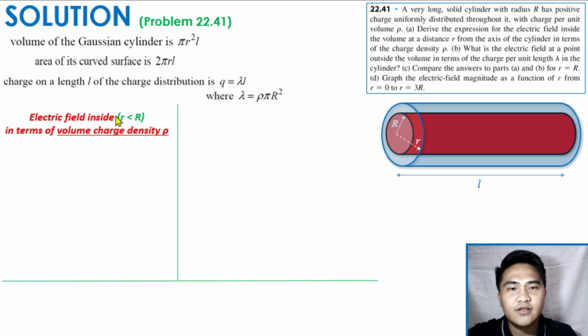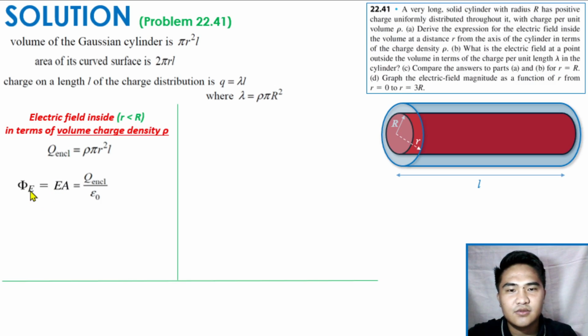Now let's find the electric field inside, where small r is less than big R. So the electric field inside must be in terms of the volume charge density rho. The charge enclosed by the Gaussian surface is rho pi small r squared L. By Gauss's law, we have this formula.